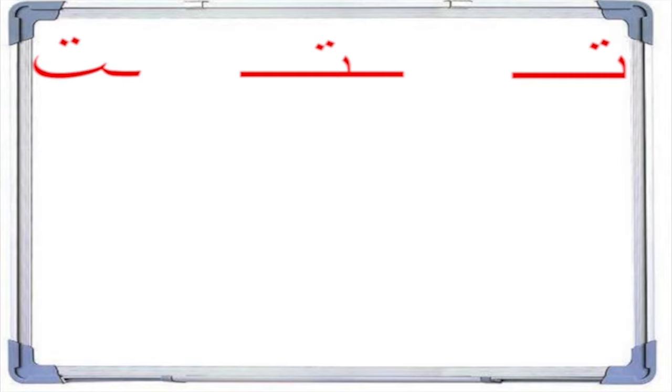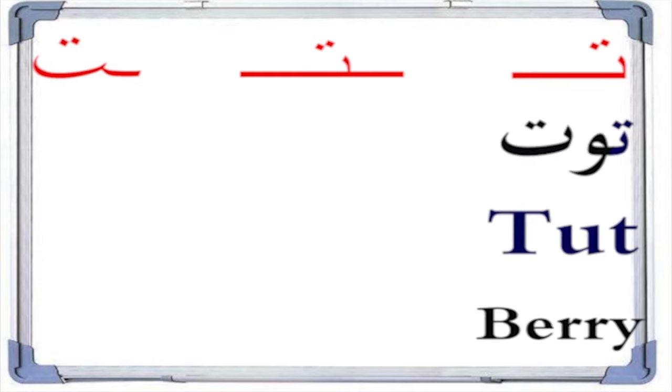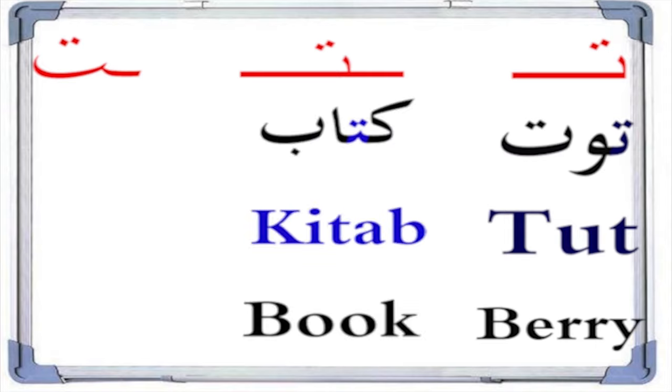A few examples are toot. Toot means berry. The second example is kitab. Kitab means book.